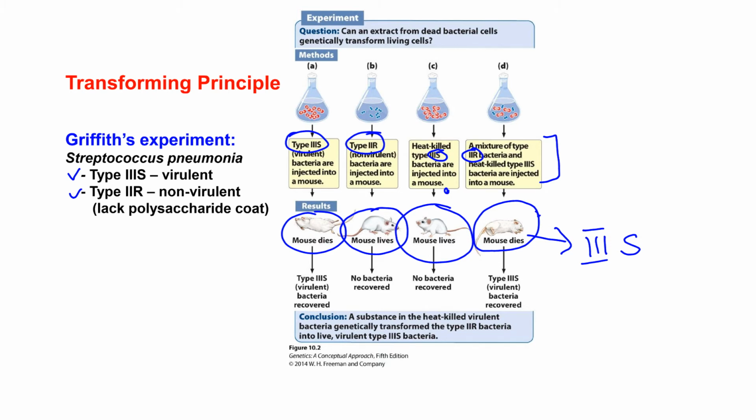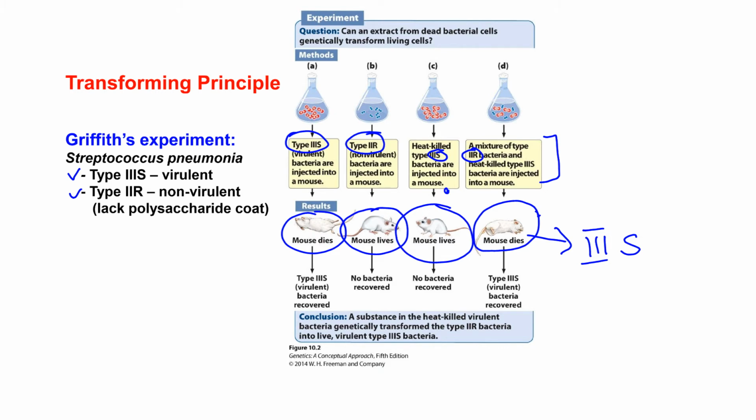After doing different sets of experiments to rule out those possibilities, he concluded that 2R bacteria somehow acquired genetic virulence material from the dead 3S bacteria, and that these 2R bacteria had been transformed. And the substance which brought about this transformation he called the transforming principle.